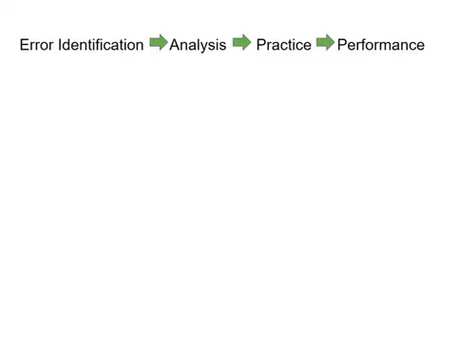But as you're thinking about speaking specifically, what can you do to fix your errors? Okay, so the first thing you need to do, you can't fix anything if you can't identify what it is. Okay, so you need to be able to identify errors. And so to do that, you need to record your speaking responses.